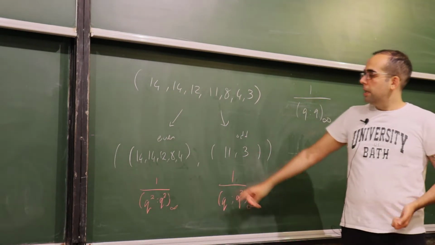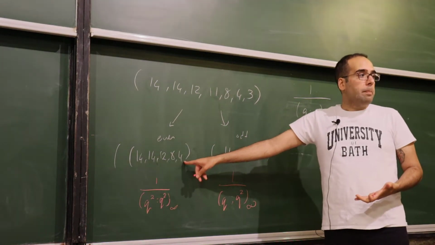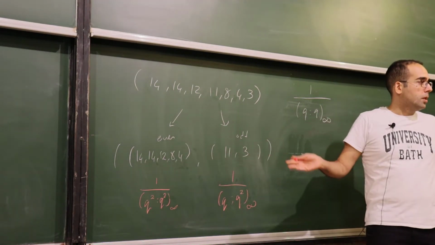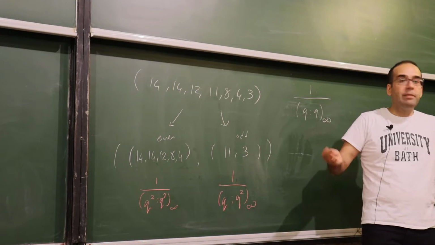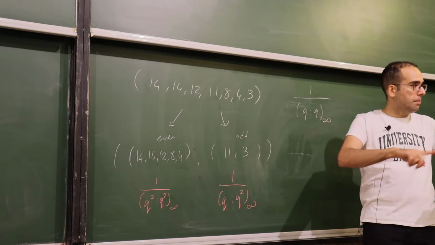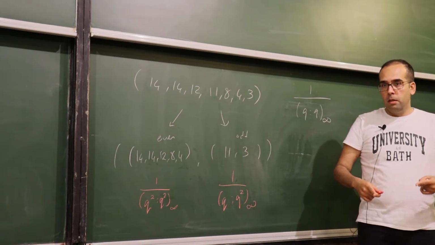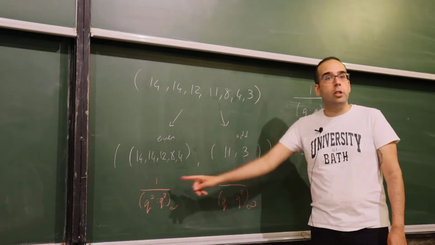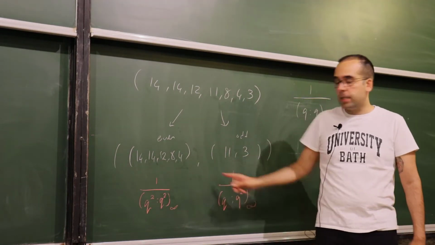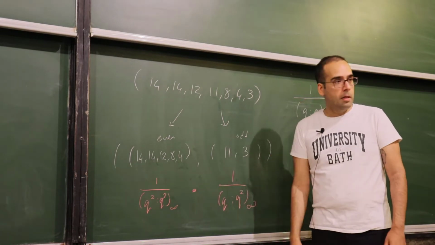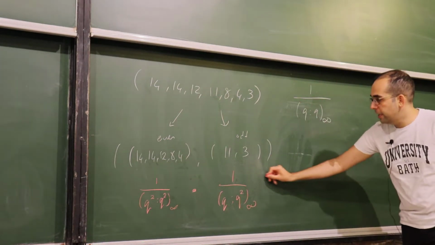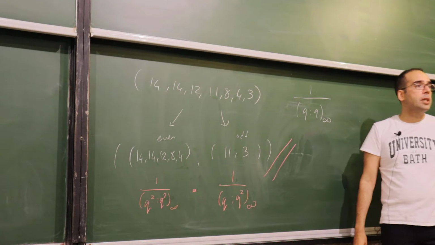So what I'm saying is, the partitions into even parts and partitions into odd parts are completely disjoint. There's not even going to be one element that matches, right? So if I were to put their generating functions together for the even parts and the odd parts, it will be the generating function for the partitions, period.